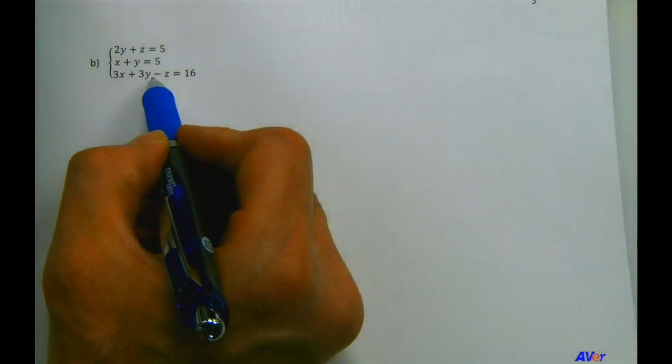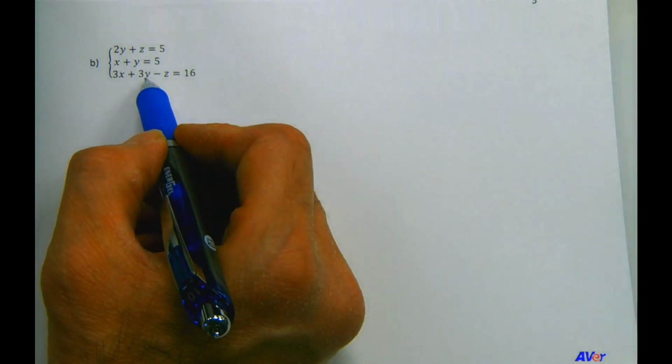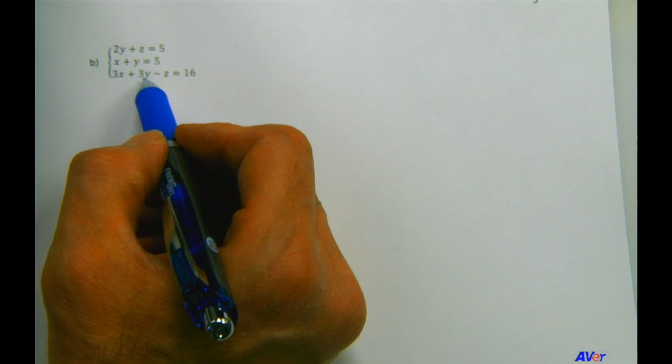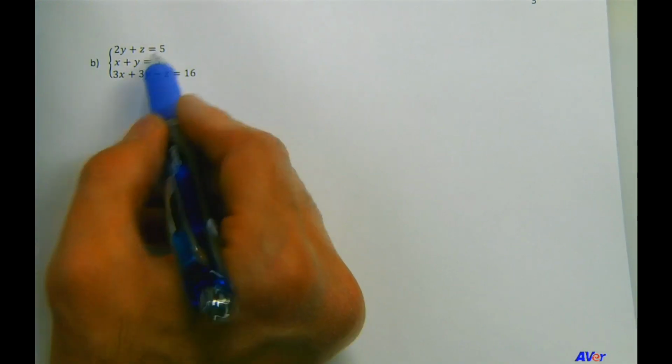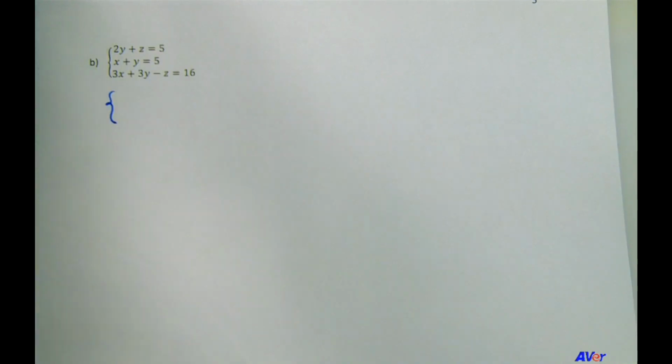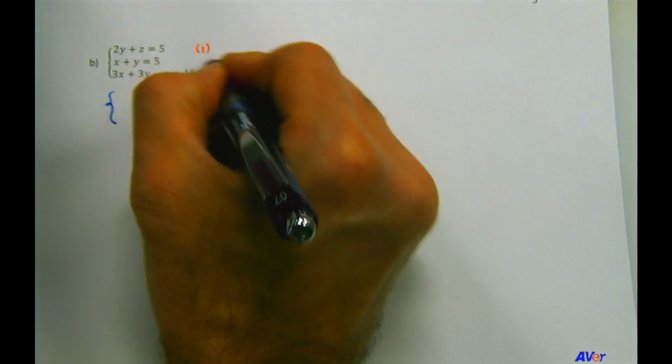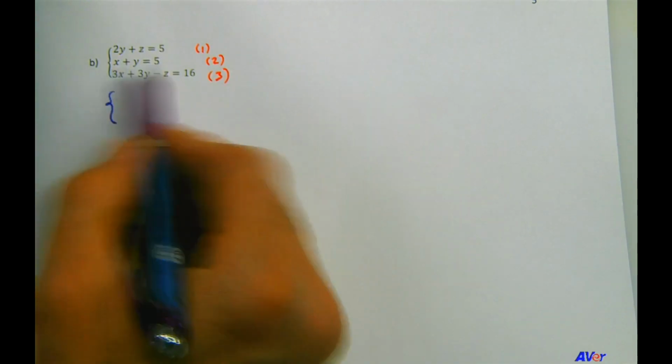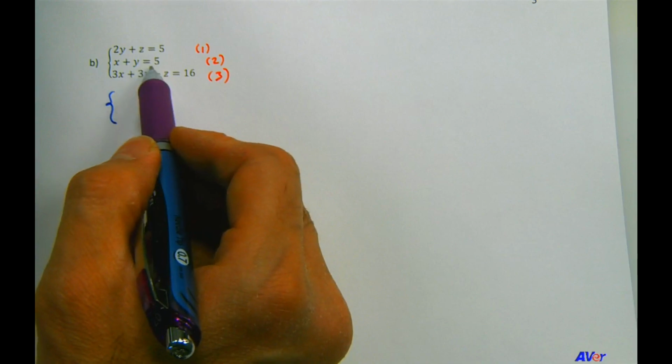Okay, so this is a system of 3 equations, 3 unknowns. We cannot apply the method of elimination or substitution directly at this point. So we need to break this up into 2 pairs, right? Let me label these. So that's equation 1, equation 2, and equation 3. Equation 2 is the easiest one of them all.